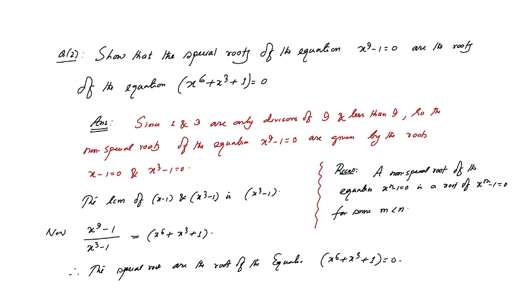Now we'll go to one important problem. This is question number 3, given in the exercise. Let alpha be a special root of the equation x to the power 8 minus 1 equals 0.